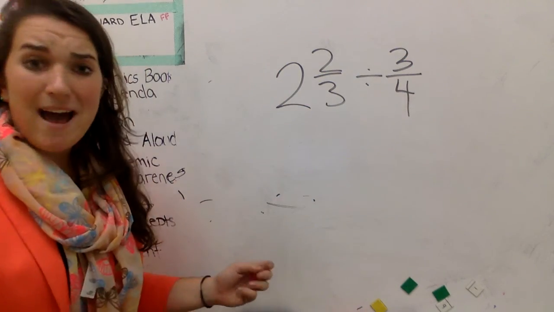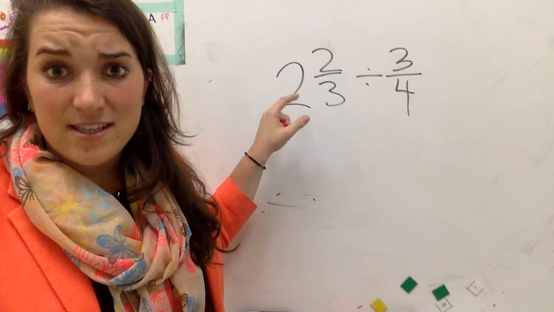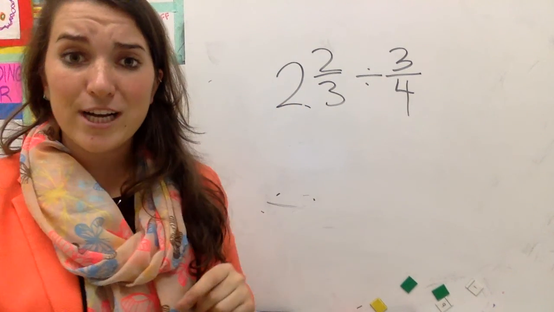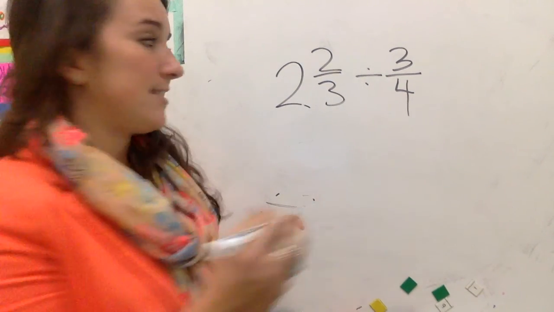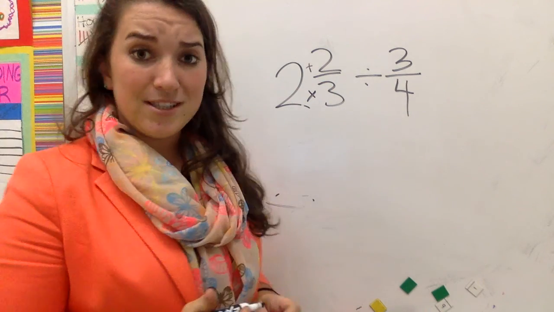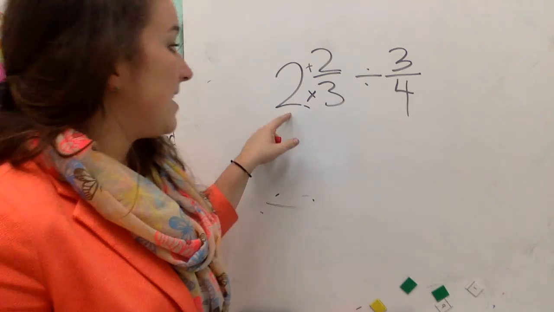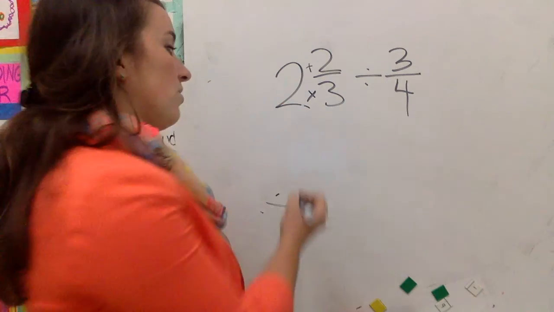First, before I can divide, I need to make sure all my numbers are fractions. This isn't a fraction, it's a mixed number, so I need to convert it to an improper fraction. I'm going to squeeze in Texas: a plus sign up here and a multiplication sign down here. I multiply my whole number 2 times 3, which is 6.